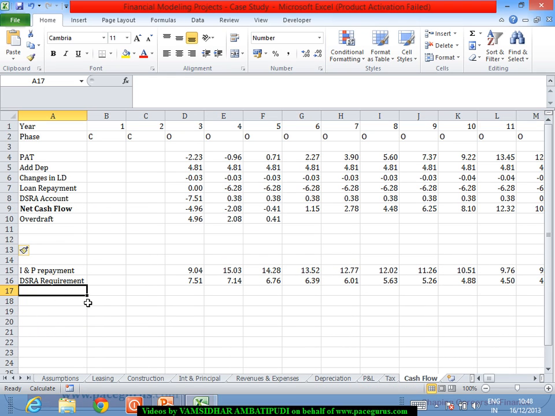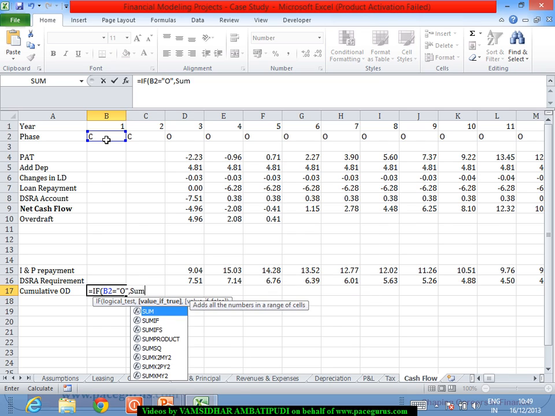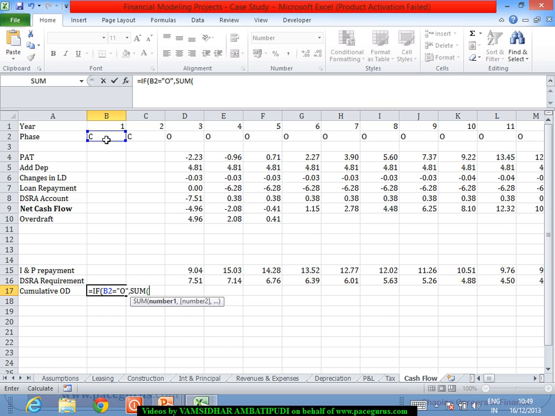So what I can very well do is cumulative overdraft. We'll talk about cumulative overdraft, which is again the summation right from the previous. So what I could do is, if this is equal to the operations period, I will look out for the summation of the overdrafts until this particular period.